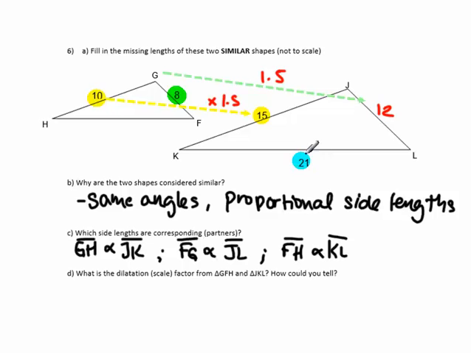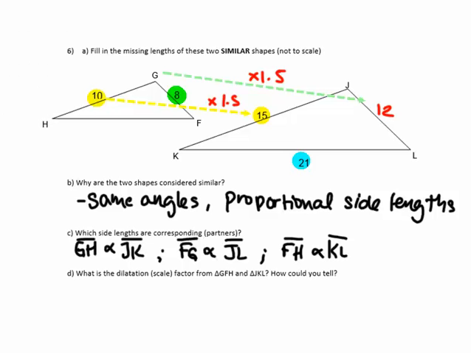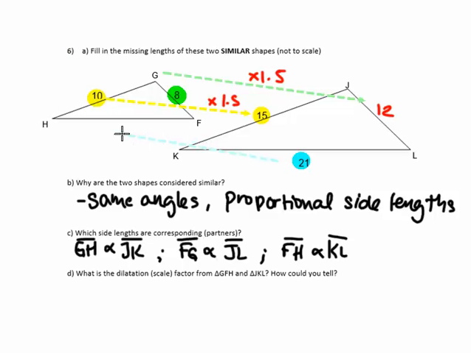Now I have this 21 here. So what I'll need to do is, if I'm going backwards to the smaller one, I don't multiply by 1.5 anymore. Now I have to go the other way. So let's just go back to my arrows, and let's choose a blue arrow. That'll bring me back over to this side. And so now I take 21 and I divide by 1.5.